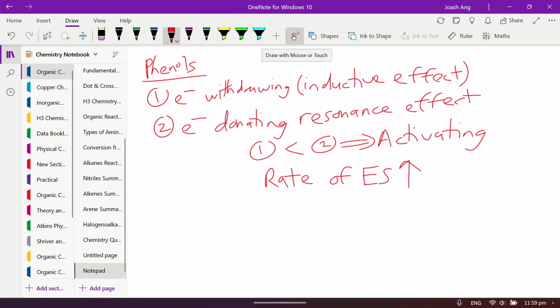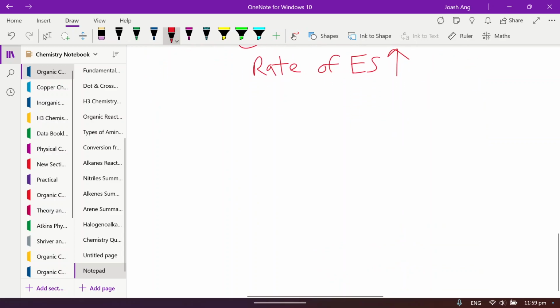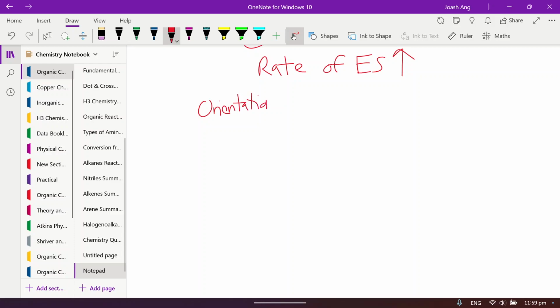Okay, so for now I'll do the orientation of the electrophilic attack.